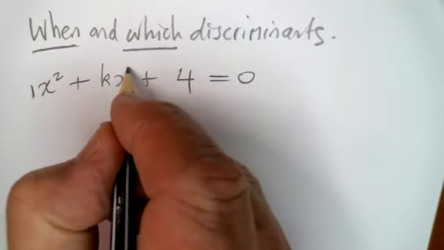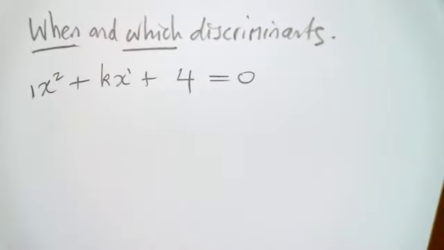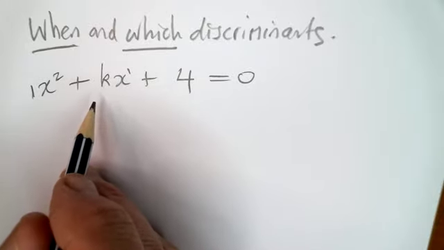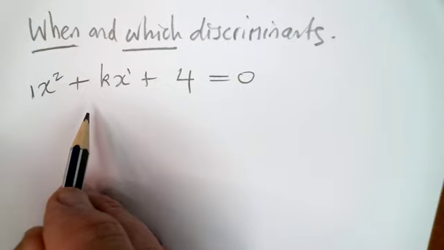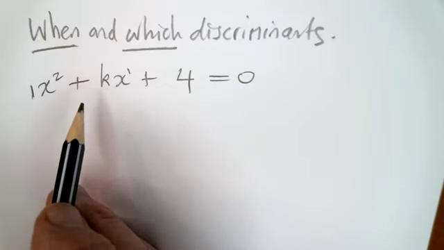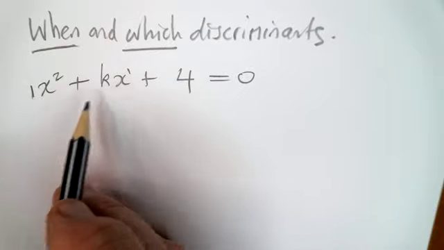The coefficient of x to the 1, though, is a k, and the coefficient of x to the 0 is a 4. But we don't know what the k is. So we'd use the discriminant to reconcile the situation where we have a non-numeric coefficient of an x value.